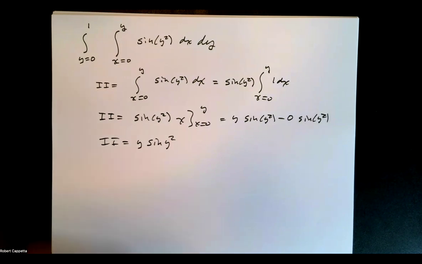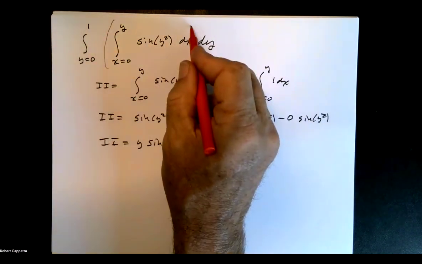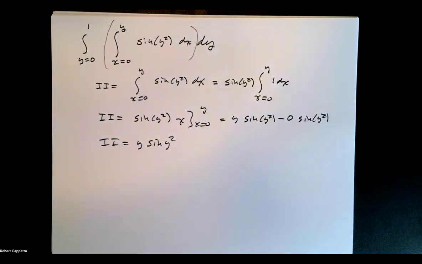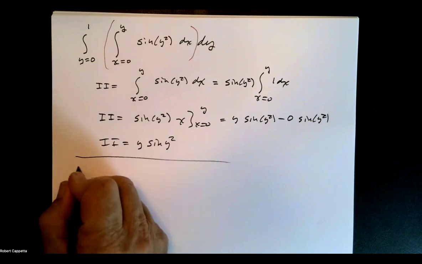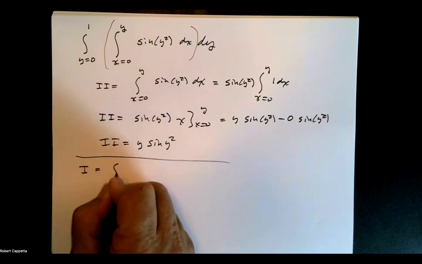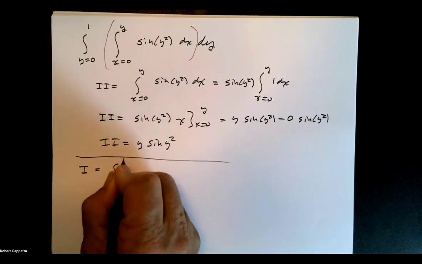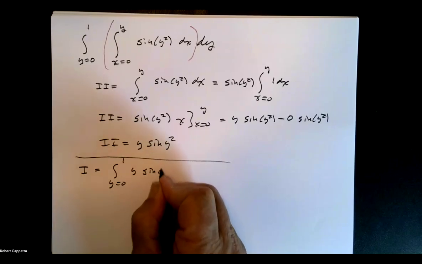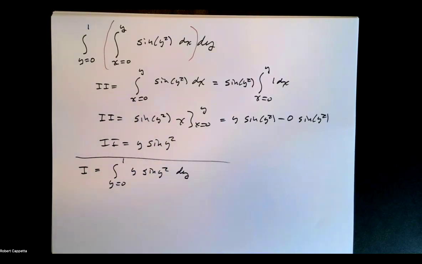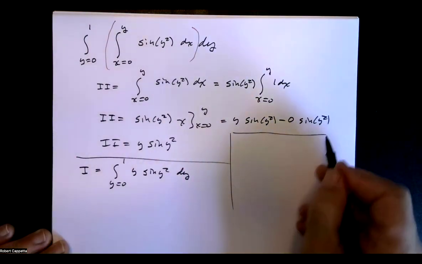So substituting that in for the inner integral, now to actually do my integral, we have the integral as y goes from 0 to 1 of y sine y squared dy. So how are we going to do this? That's going to require a u substitution.